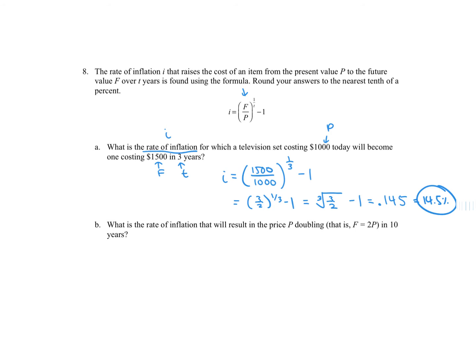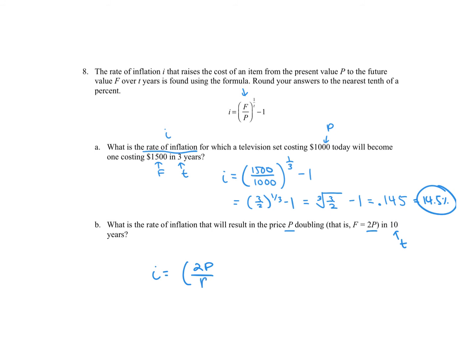Part B, what is the rate of inflation that will result in the price P doubling? That is F equals 2P in 10 years. Well, T is 10, F is 2P, and we're just going to use P for the present value. So let's plug those in. We get, for future value, we put 2P.